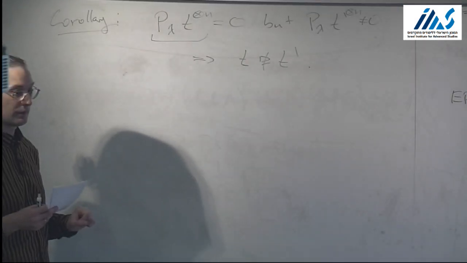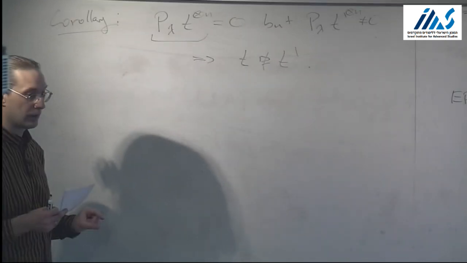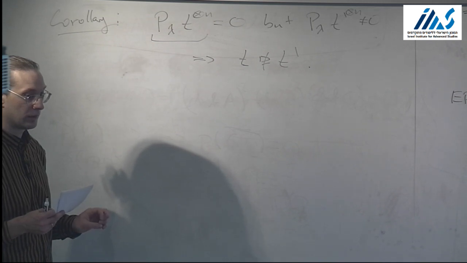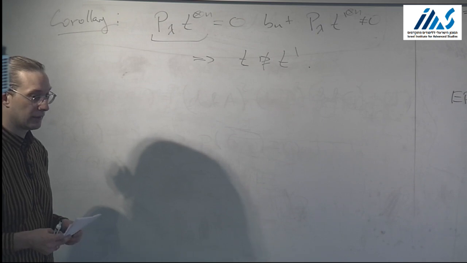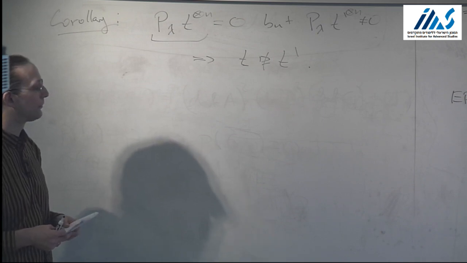So is it easier to show that the polynomials of type lambda separate the two matrices, T and T prime? Yes. Instead of just showing one polynomial that separates them?